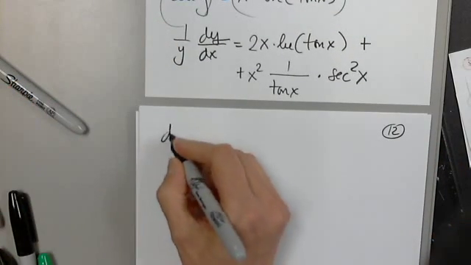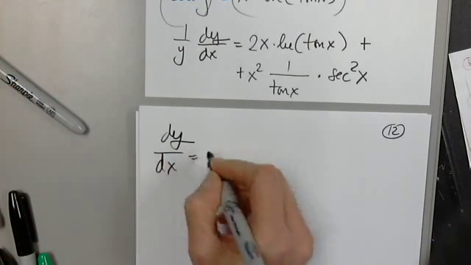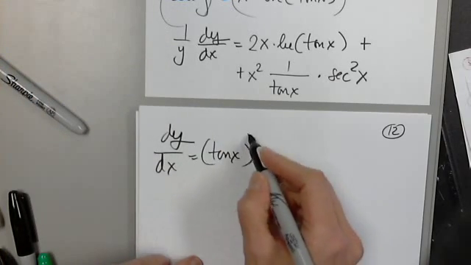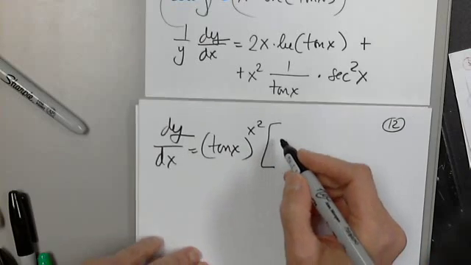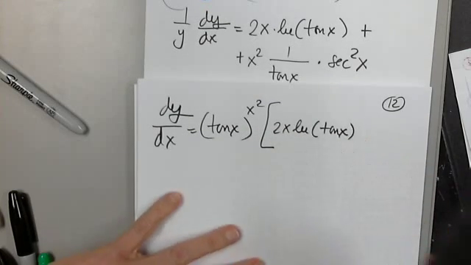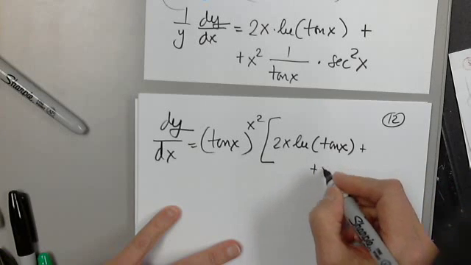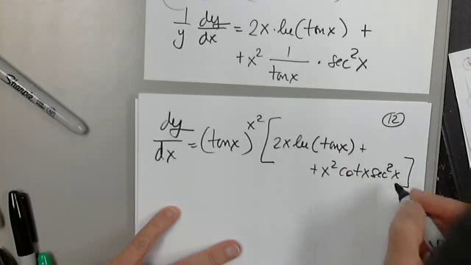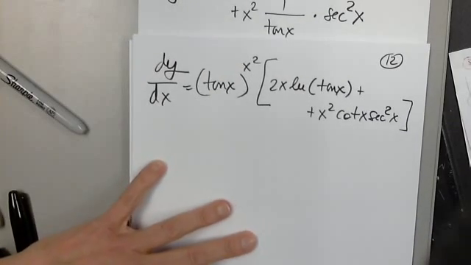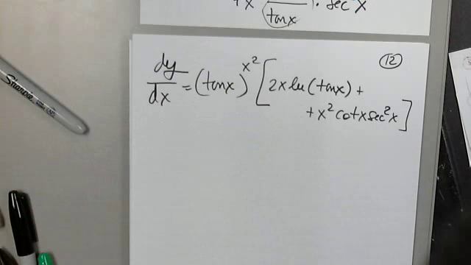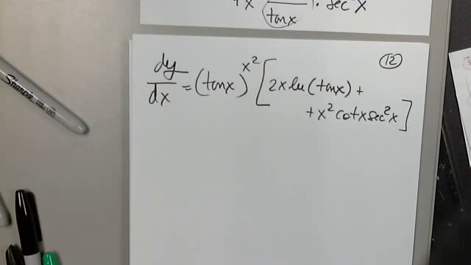So dy over dx equals, and y was tangent x raised to x squared, and this is 2x natural log applied to tangent x plus x squared cotangent x secant squared x. And this is it. I changed this into cotangent. You don't have to. It's fine as 1 over tangent.